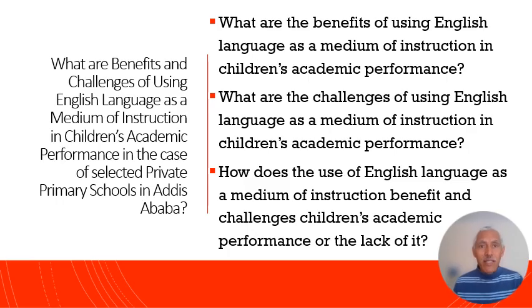So the third one is trying to relate the two variables. So obviously, what is the independent variable, and what is the dependent variable? You can pause and think for yourself for a minute. So you will see that academic performance is the dependent variable. It is the effect, and it is caused by the independent variable. In this case, it will be the usage of English language as a medium of instruction.